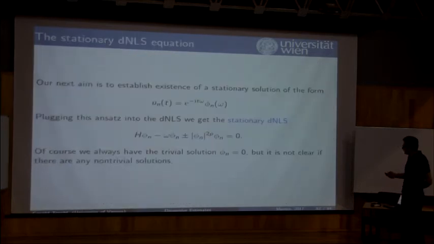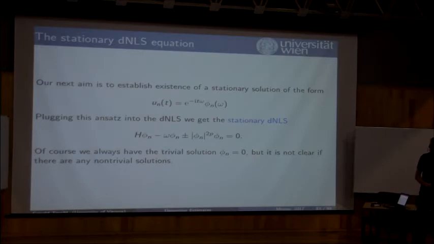Okay. So we have existence, we have solved the Cauchy problem, so let's try to go one step further. One is interested in solutions of this equation, and in particular one is interested in solutions of this type right here. So some stationary solution of the nonlinear discrete Schrödinger equation.